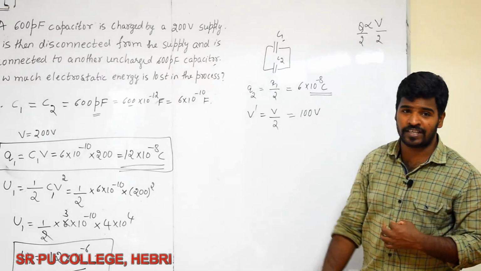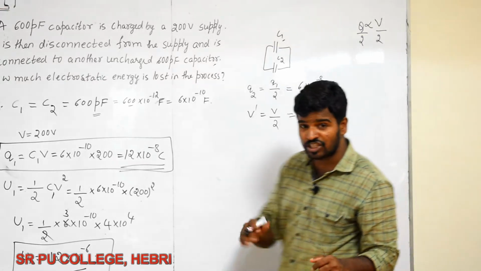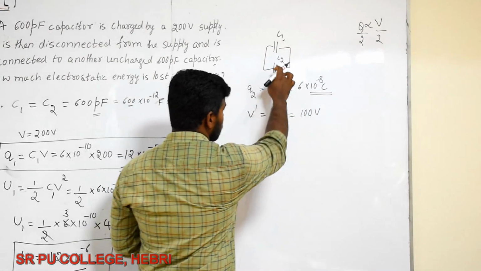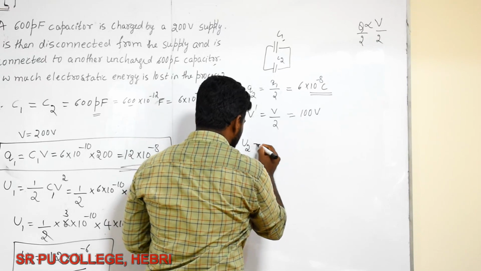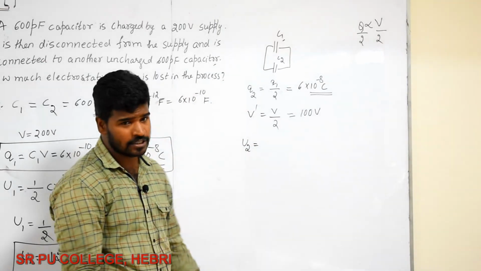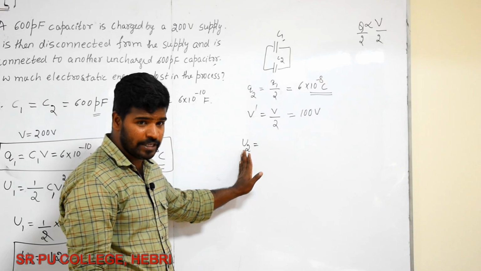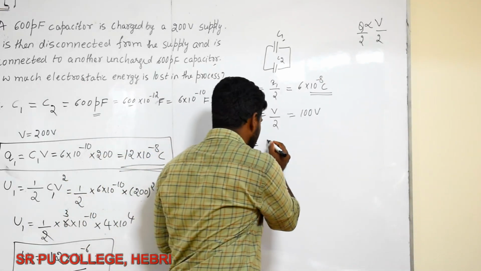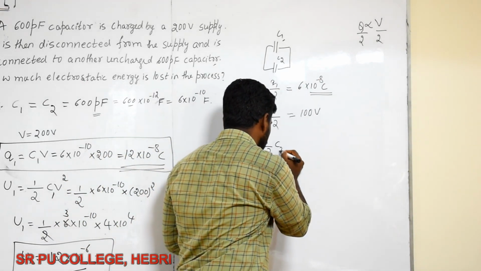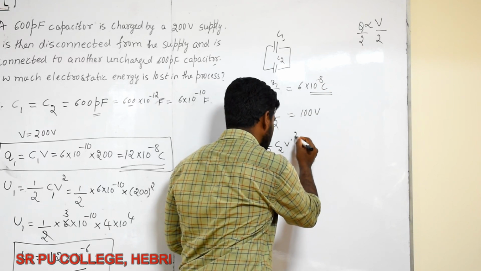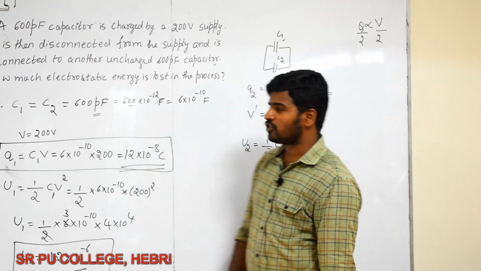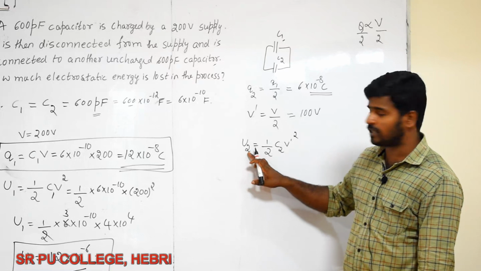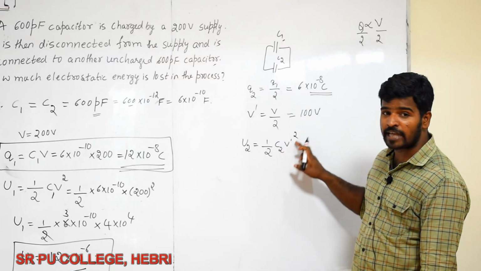Since the value of V is 200, now the energy stored on the capacitor C2, can I express that as U2? The energy stored on the capacitor will be U2. That is expressed by half C2 V dash square. Energy stored on the second capacitor U2 is equal to half C2 V dash square.